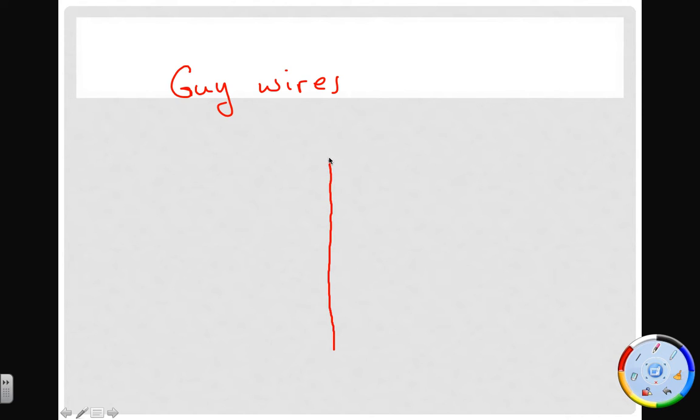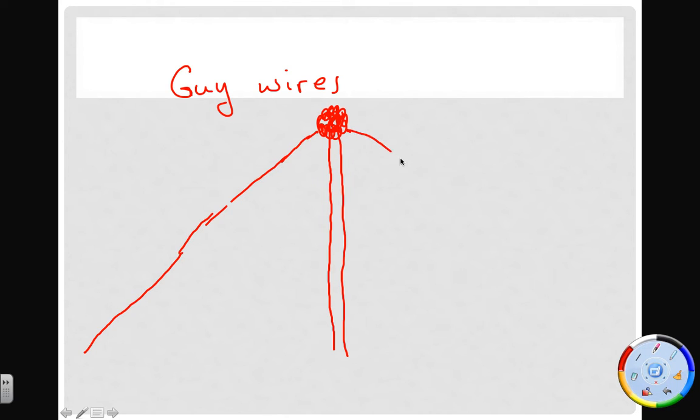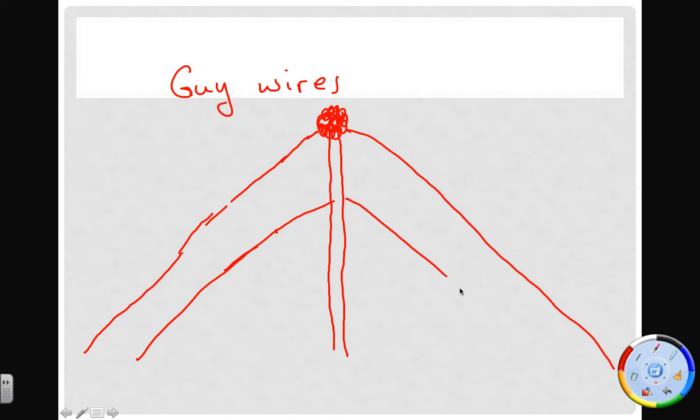If you have some really tall antenna, and you have some stuff going on up here, let's say that's a satellite of some sort. Guy wires are the wires that come off the side that keep it stable. And the one you can see from my room actually has this set of guy wires. I believe it has a set of guy wires down here, and a set of guy wires there, and guy wire here, and guy wire here.